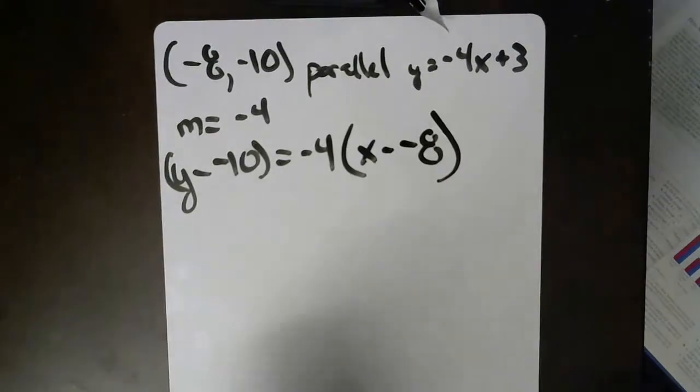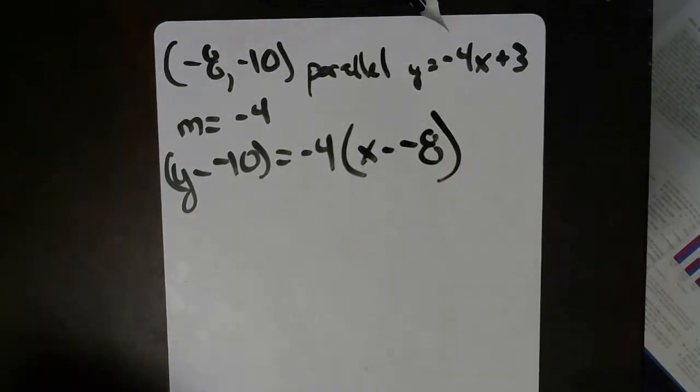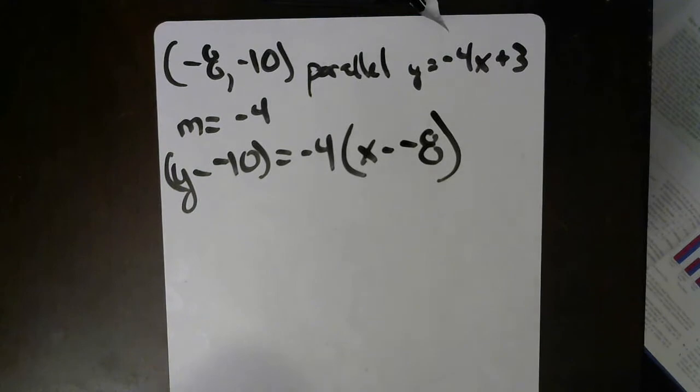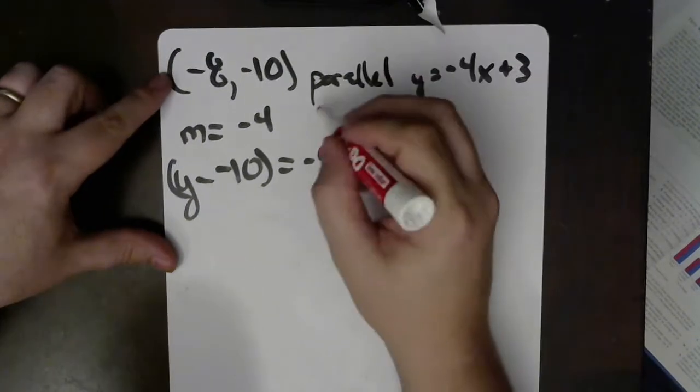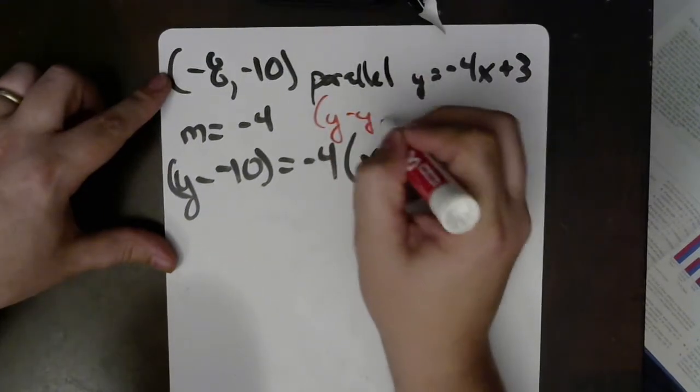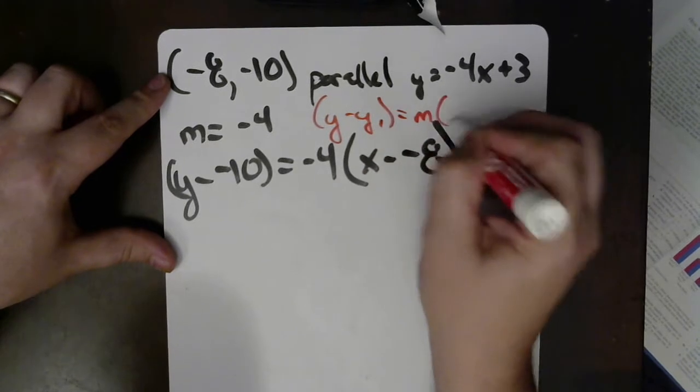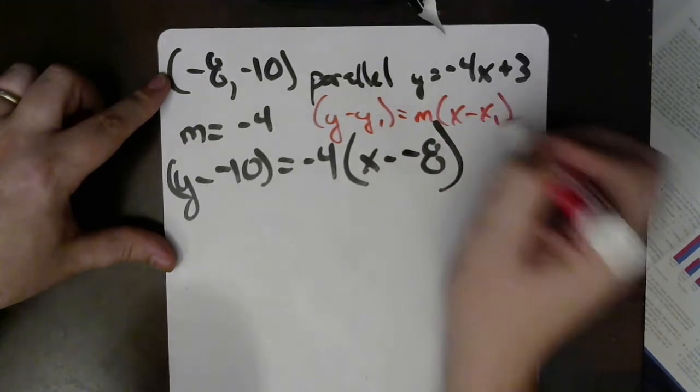If you don't remember, my point-slope formula is this. I should have put this first: y minus y1 equals m times x minus x1.